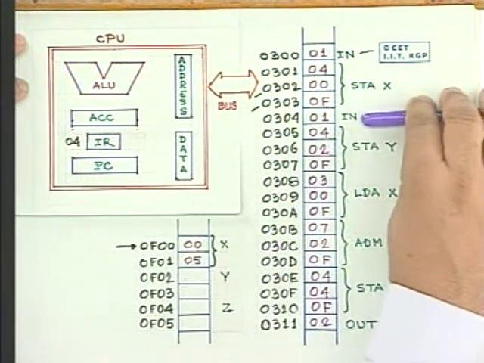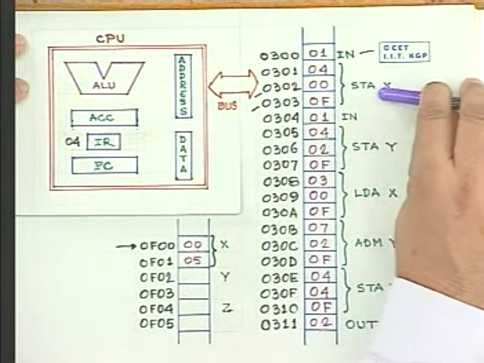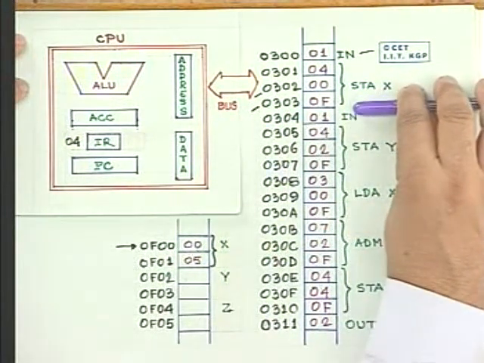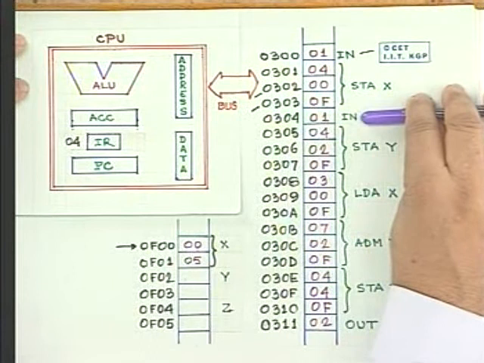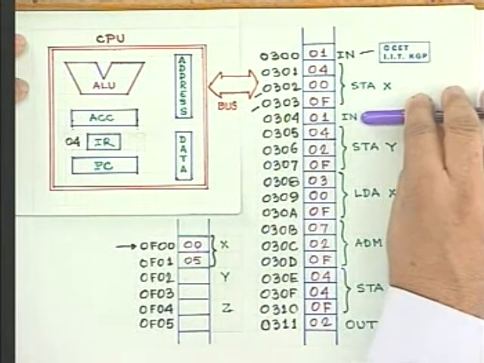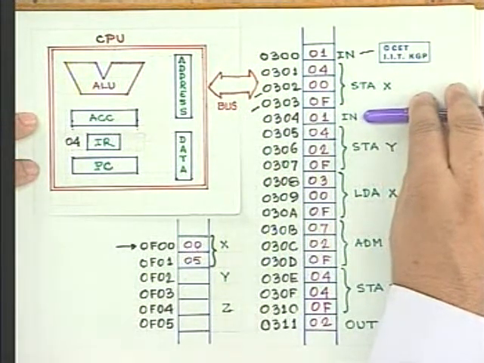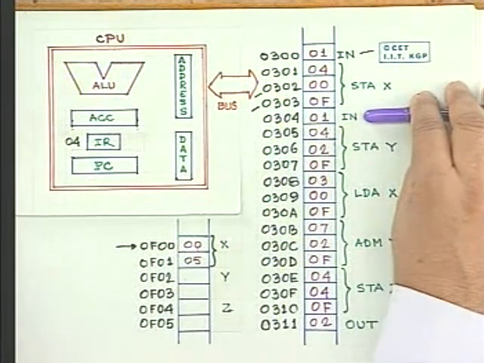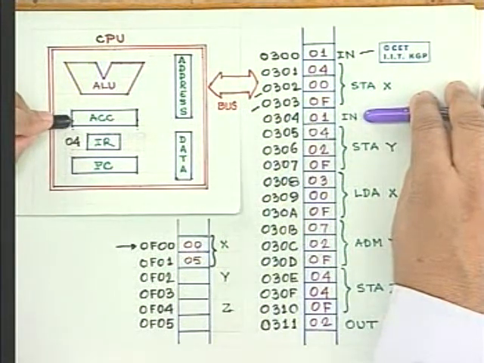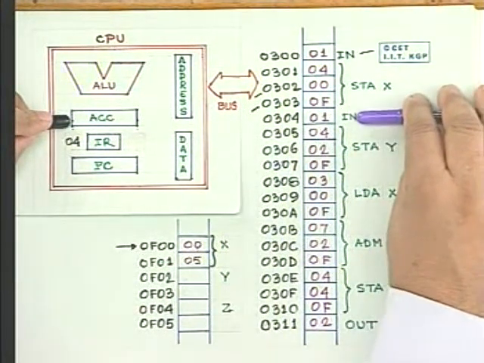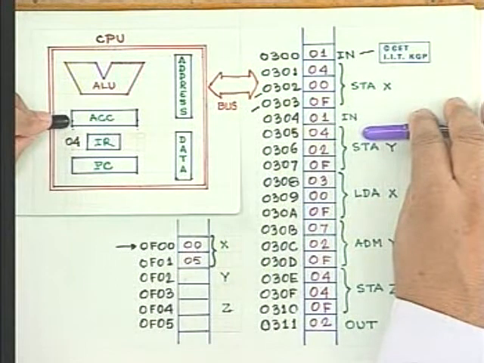That means after the store accumulator X instruction is executed, the program counter will automatically be pointing to IN. Now this IN will be executed once more, which means the input will be done from some input device into that accumulator, right? As 2 bytes have been read, the program counter will be incremented to the next memory location.